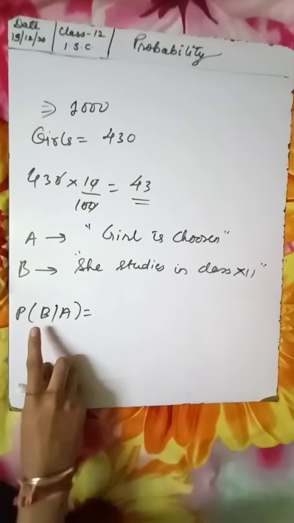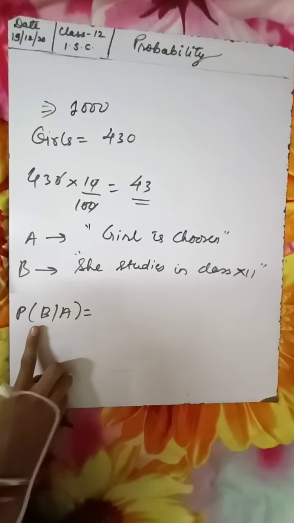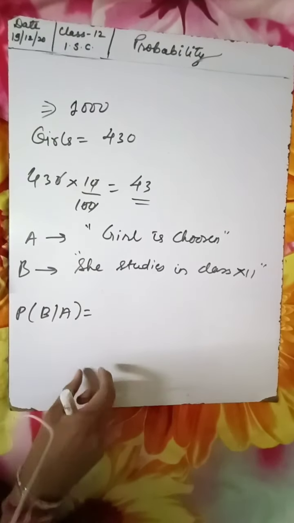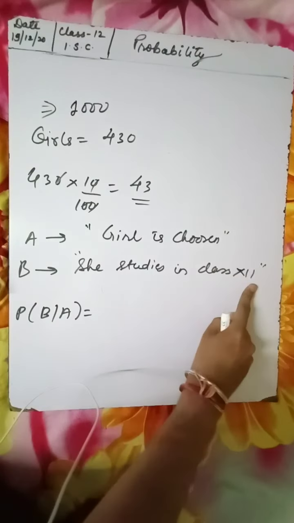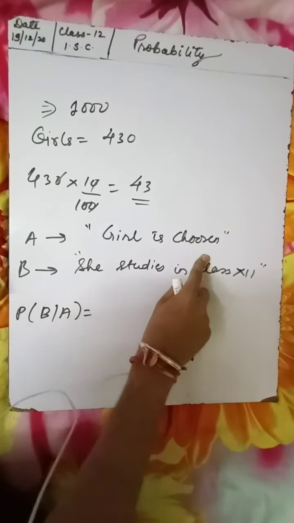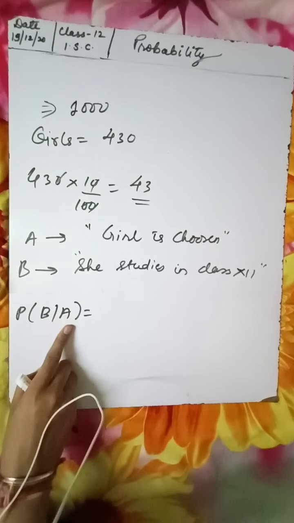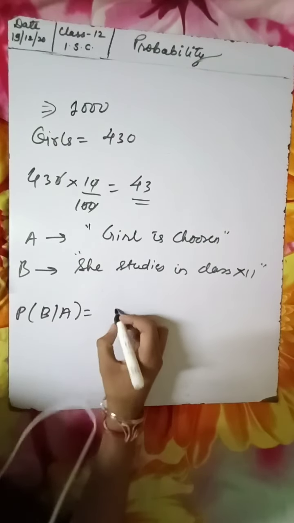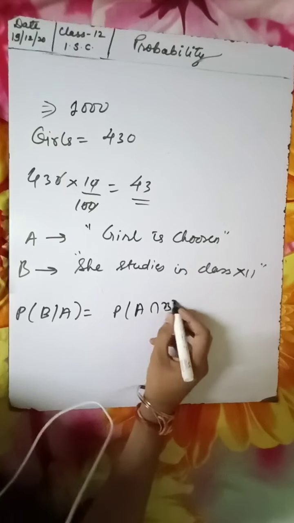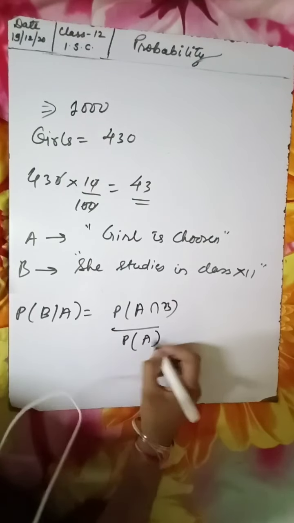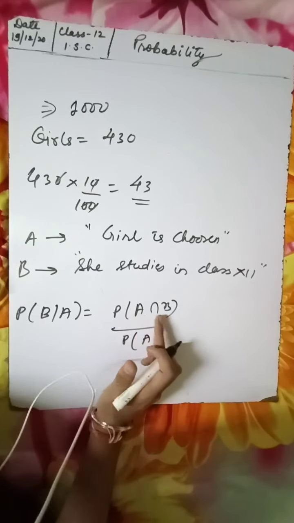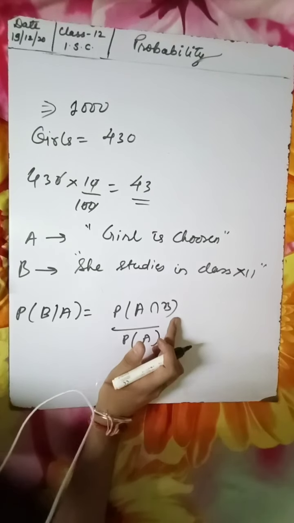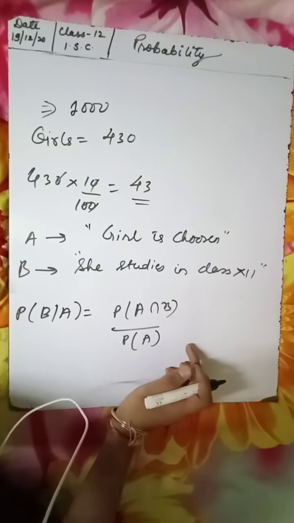Because we have to pick a student that studies in 12th class, and that has to be a girl. So probability of B given A, we know, is probability of A intersection B upon probability of A. Now how to find probability of A intersection B? It is already there with us.